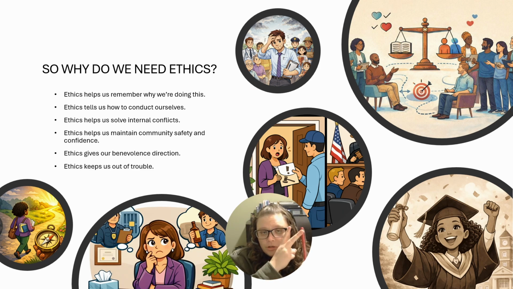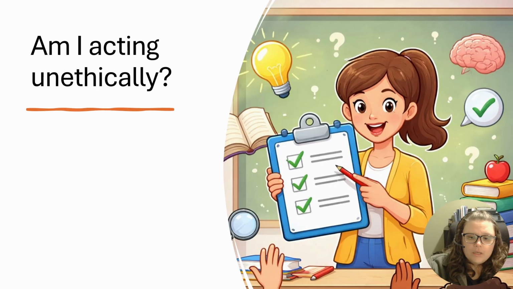It's about making sure the direction that you're heading is positive, reasonable, and keeping us out of trouble, making sure that everything you're doing is defensible, transparent. We'll talk more about that when we talk about fraud. But just making sure that you're acting appropriately as a clinician at all times.